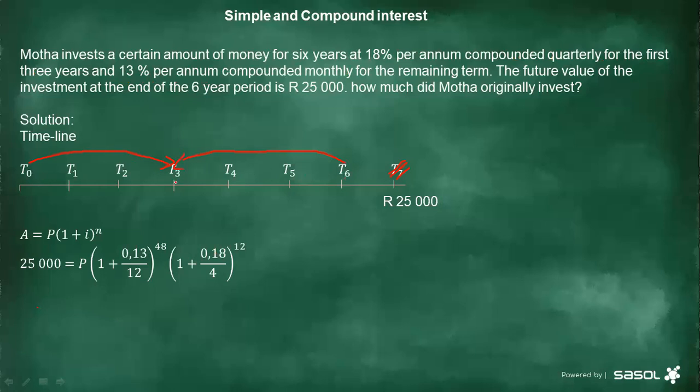So this is 4 years, right? The first 3 years is at 18%, and for the remaining 4 years, the interest rate now is 13%.